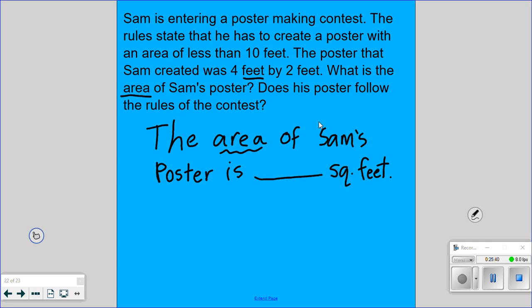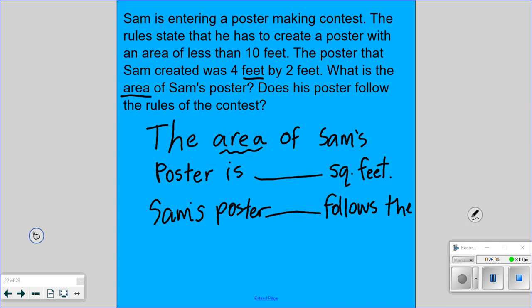Sam's poster blank follows the rules of the competition. Perfect. Like does and doesn't. Exactly. Gwen's thinking I'm going to leave a spot to either say does follow or does not follow. Sam's poster blank follows the rules.